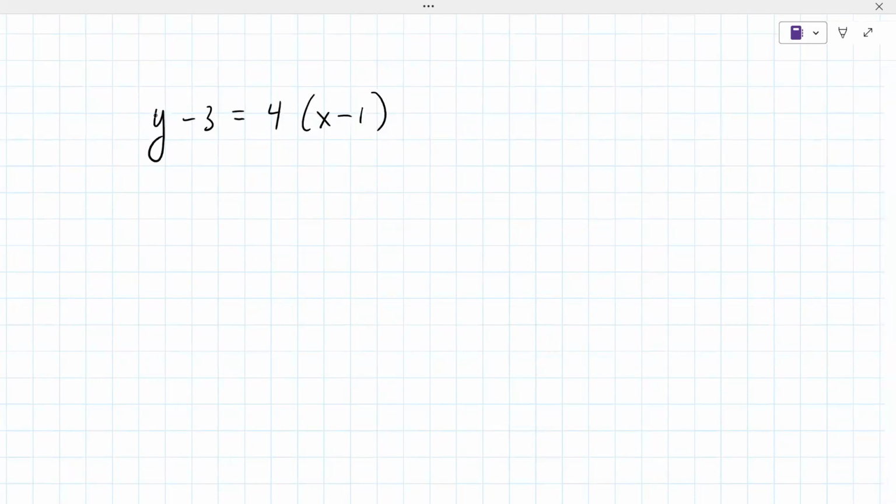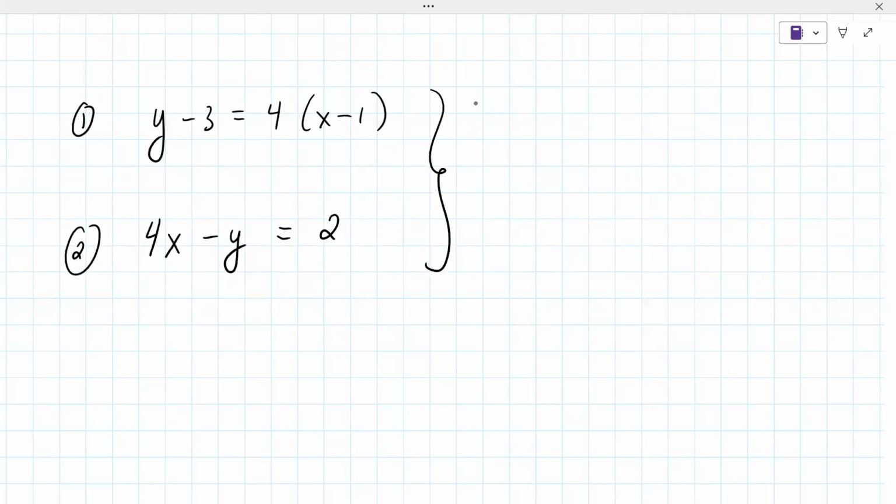So what I want to do is give you a couple of equations here. Like let's say it's y minus 3 equals 4 x minus 1. And that's equation 1. And then equation 2 is 4x minus y equals 2. And you have to decide if these are parallel or not.